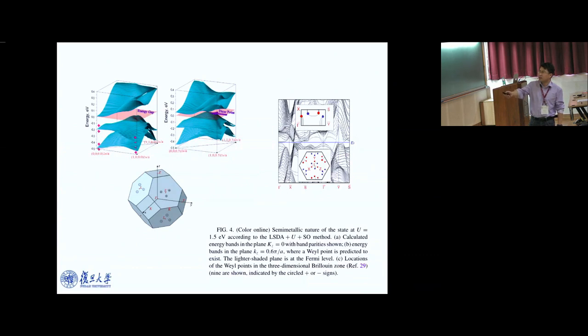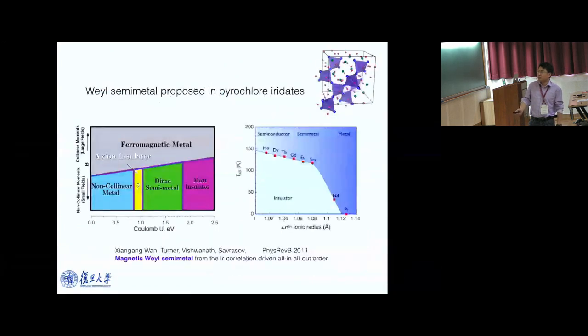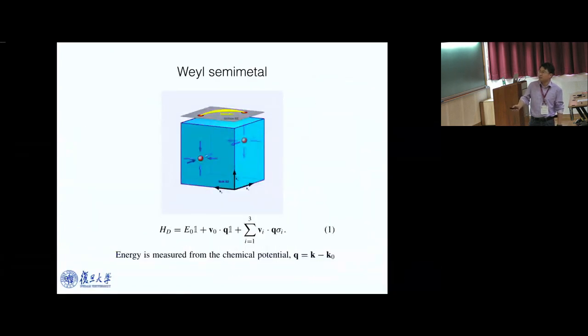If you linearize the Hamiltonian at this point, you obtain the so-called k dot p theory. It's a simple Taylor expansion type of calculation. It's described by sigma, a Pauli matrix, because there are two bands involved. It's a simple 2x2 matrix with a velocity, the momentum, and an identity matrix. These Weyl points always come in pairs because of the so-called Fermion doubling theorem.